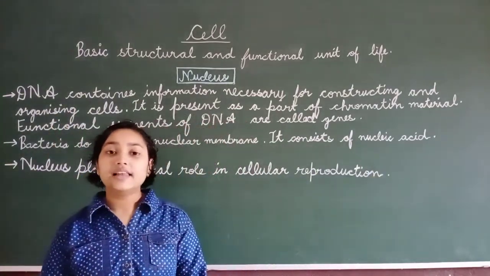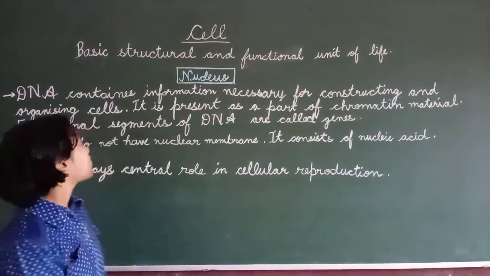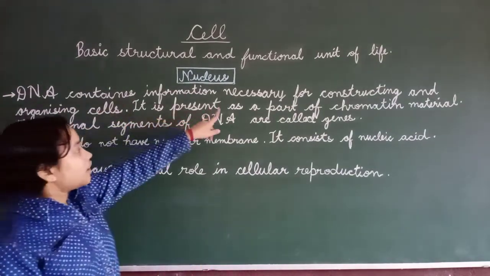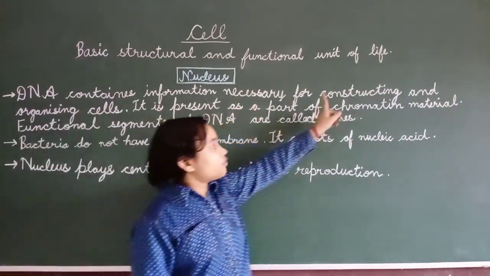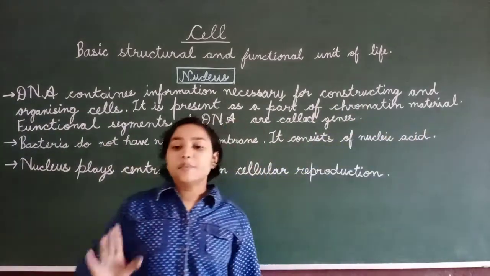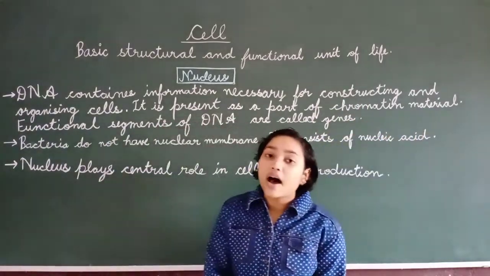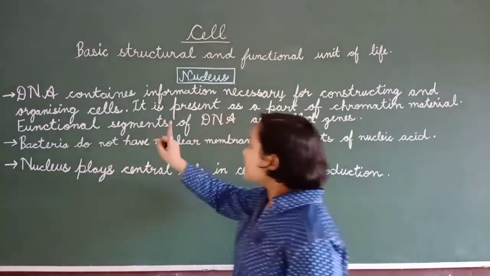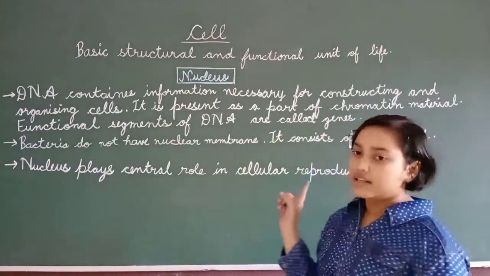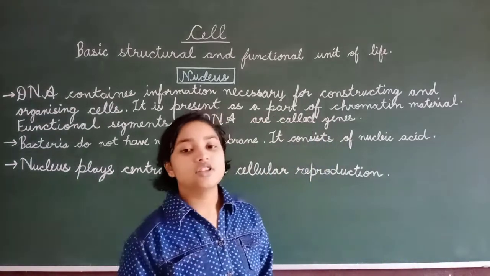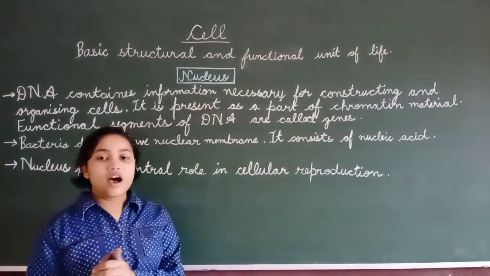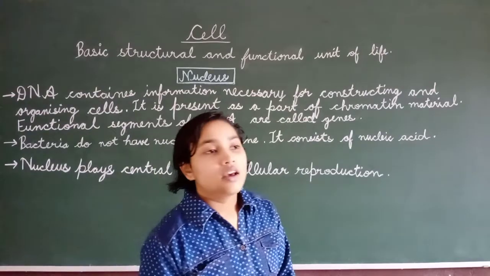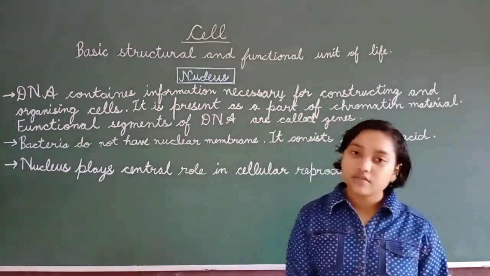It is present as part of the chromatin material in the nucleus. Functional segments of DNA are called genes. It is often asked, what are the functional segments of DNA? Those are genes.